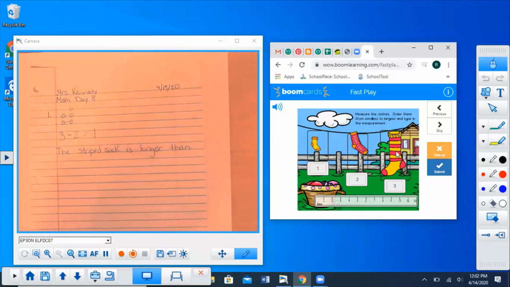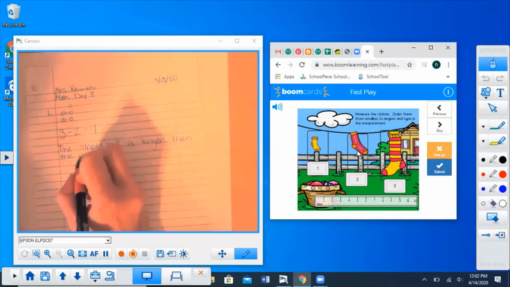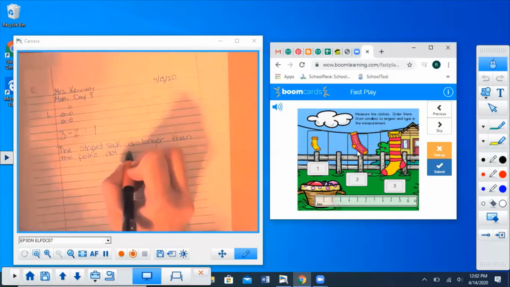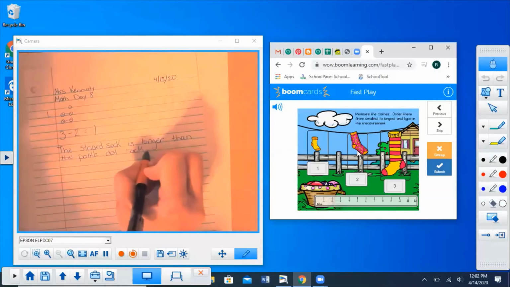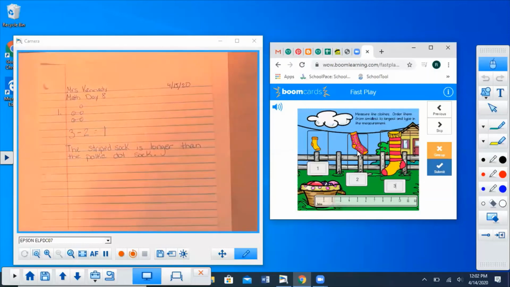So the striped sock is longer than, you're right, the polka dot sock. Nice work. So that's number 1.